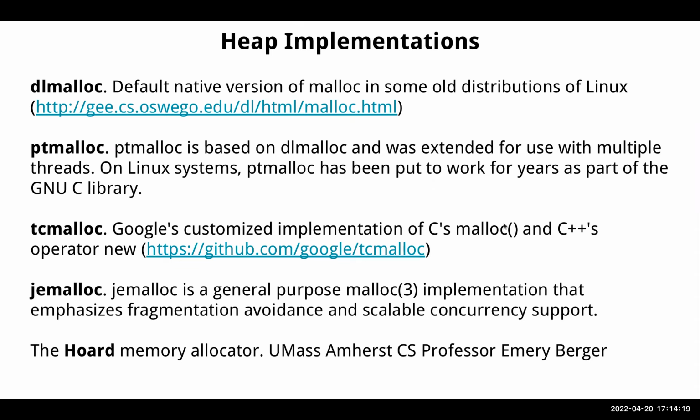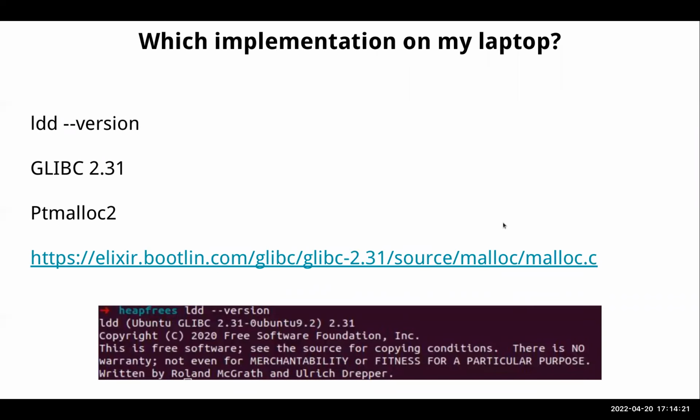Okay, so if you want to find out which implementation you are using, you can run ldd --version, which tells you what libc you are using. For example, this is what I did on my laptop. This is not the server. I didn't try this on the server yet.